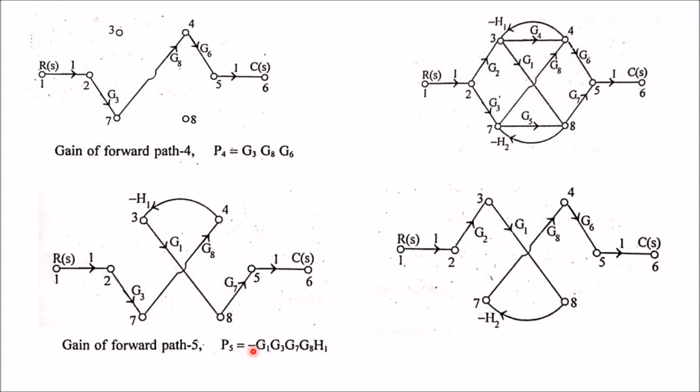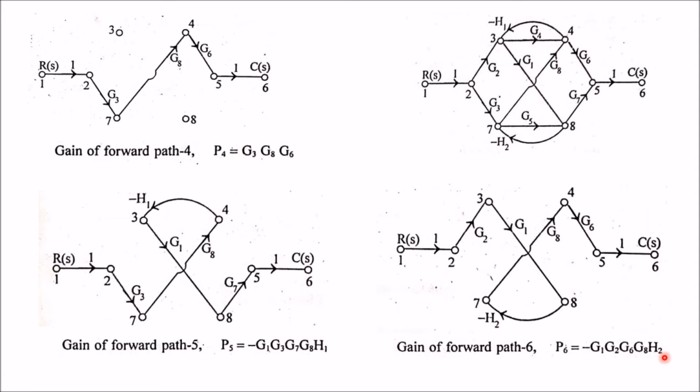Here the minus symbol came because we have inserted a negative feedback element, so H2, that is minus H2, and here minus H1. So the path gain of these two paths will be negative. So P5 is equal to minus G1, G3, G7, G8, H1. Similarly, P6 will be minus G1, G2, G6, G8 and H2.